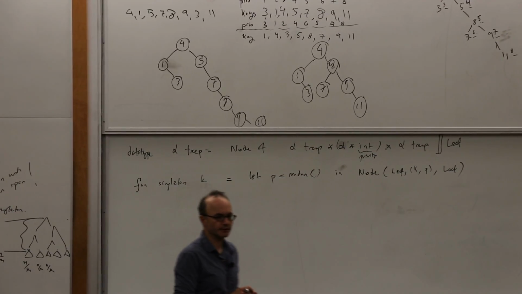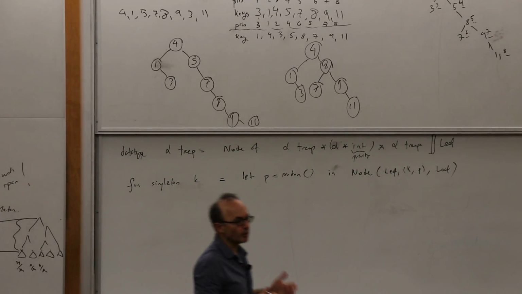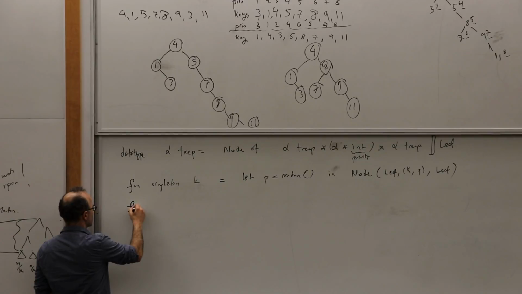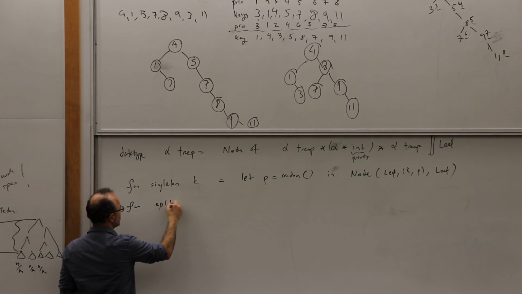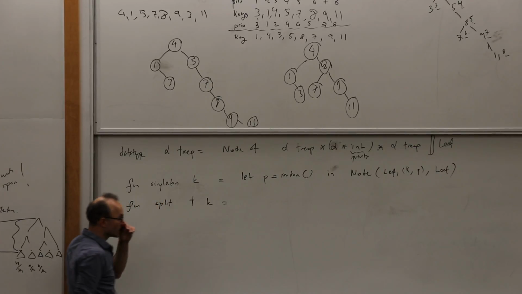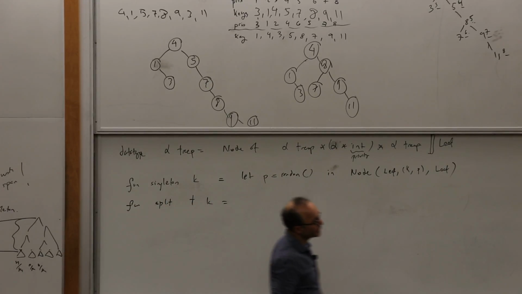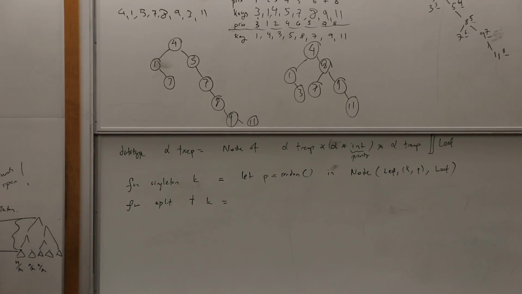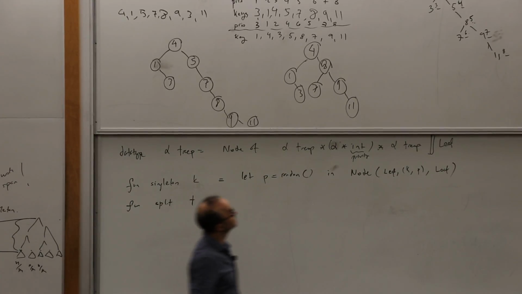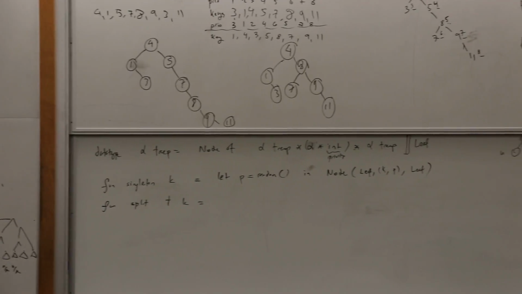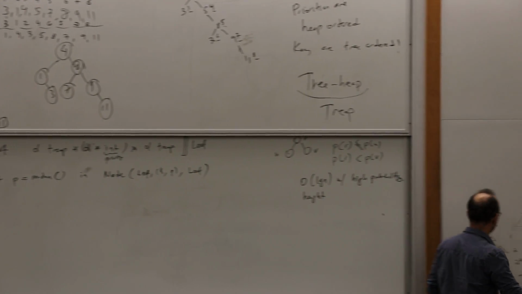Okay, so let's implement. All we need is split and join, remember? So, find split, given a tree, split with a key. Let's draw a heap so that we can actually look at it and think about it.